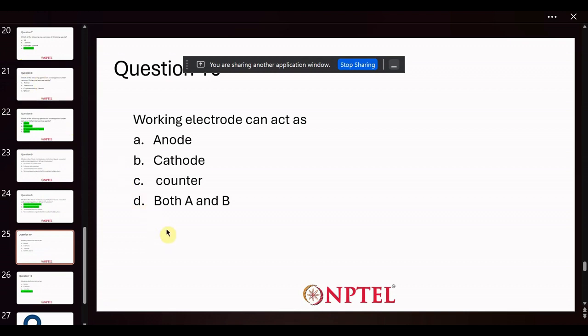Either electrons will be transferred to the working electrode, or they may be taken away from the working electrode, but in any circumstance electron transfer will happen at the working electrode. So what do you think will be the answer for this question?